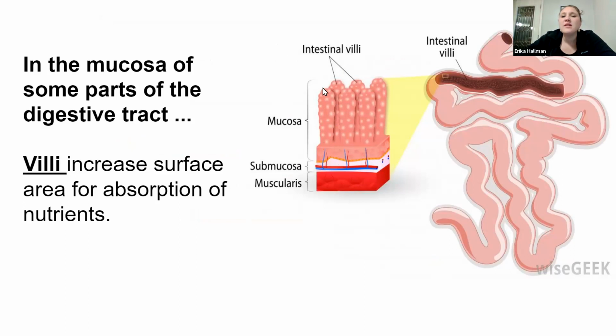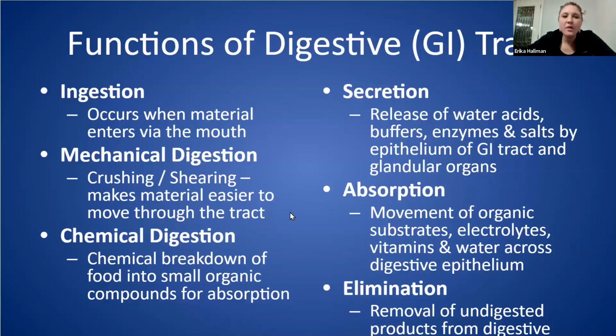The reason for these extensions is that they help increase surface area. If you think of food moving past these long finger-like extensions, the surface area being increased would allow us to have more opportunities to absorb those nutrients.